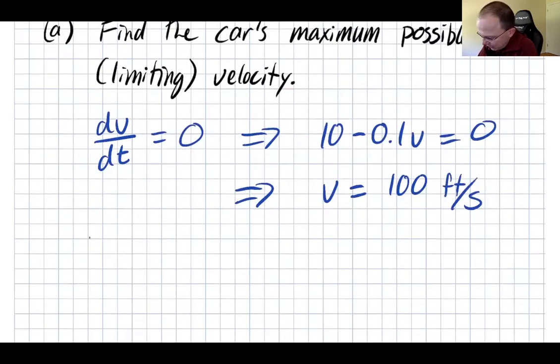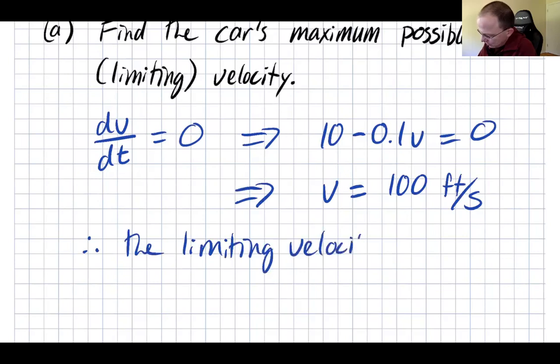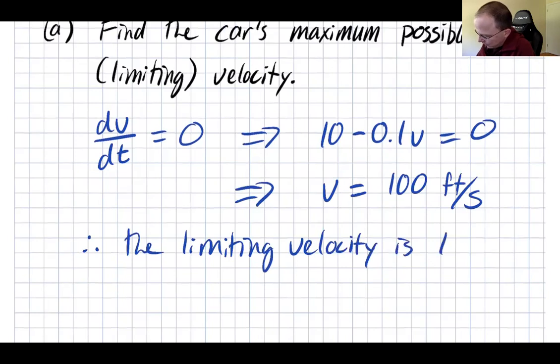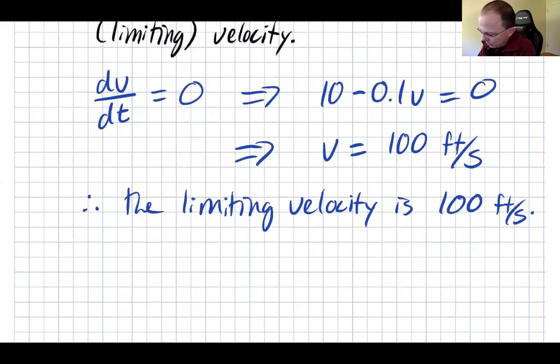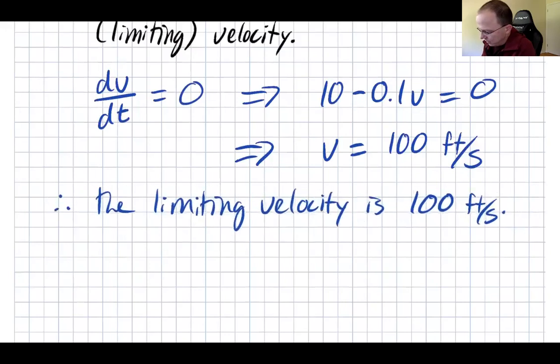So that means that the limiting velocity is 100 feet per second. Okay, so it will not be possible to go faster than that velocity.